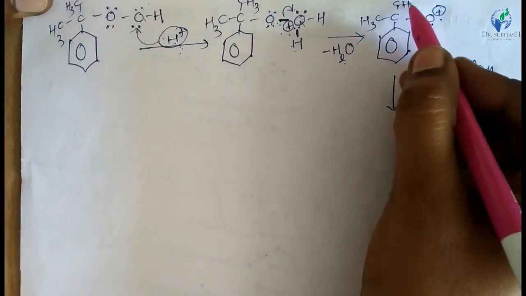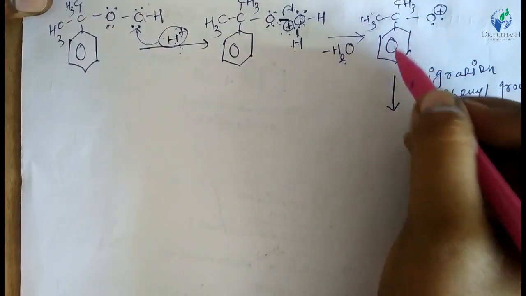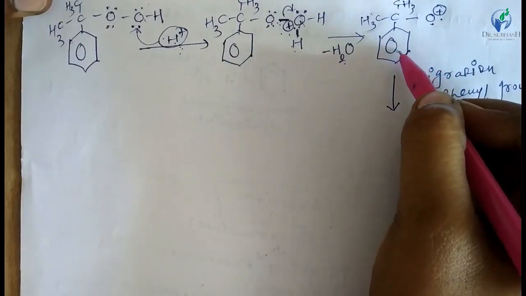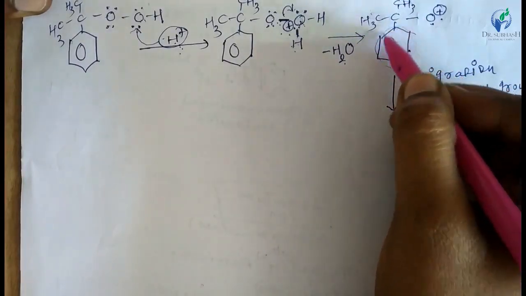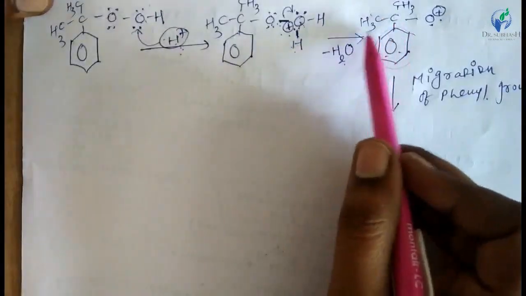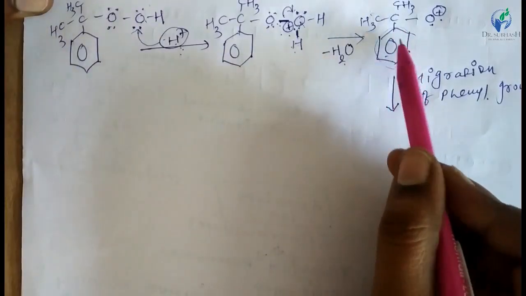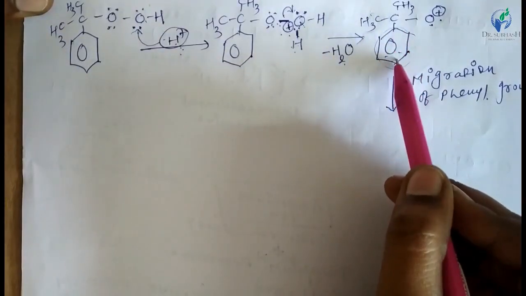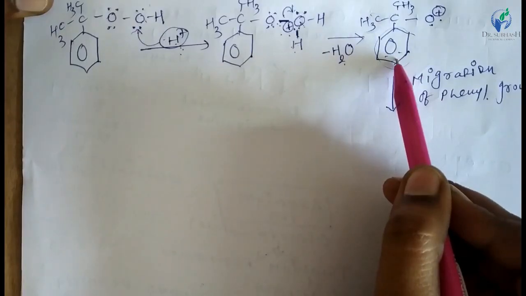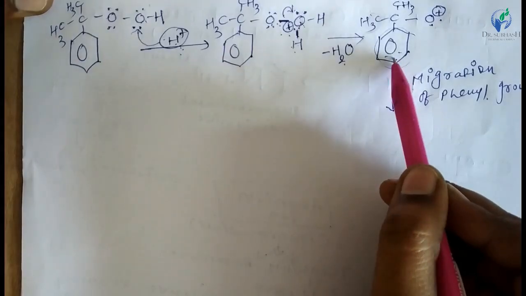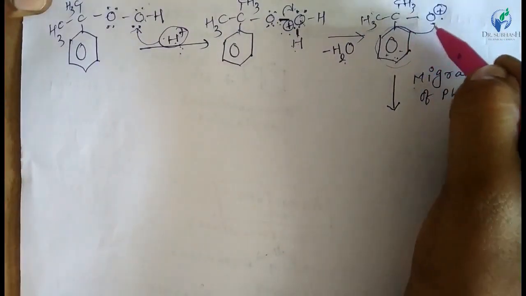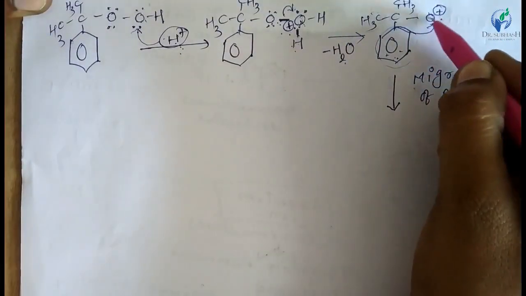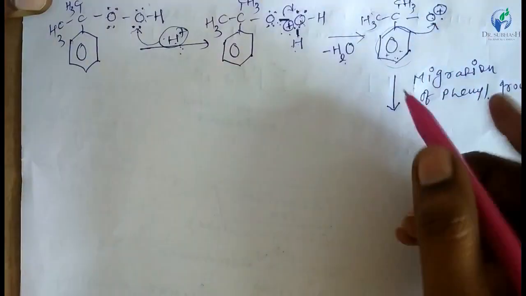So here two methyl groups and one phenyl group are present in this molecule. Out of these three groups, the phenyl group is electron rich as compared to the methyl group, because as we know the phenyl or aromatic ring has 3 pi bonds or 6 delocalized pi electrons, right? So it is an electron rich group as compared to these two, that's why it is attracted by this oxygen and it migrates to the positively charged oxygen, right?